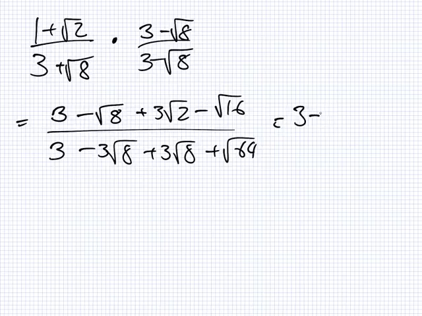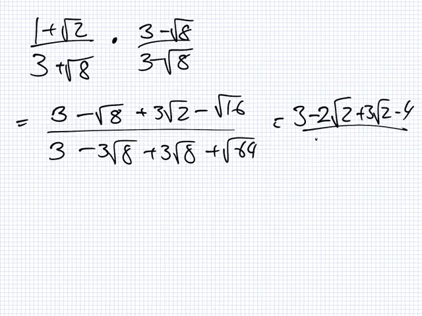What's root 8? It's 2 root 2 plus 3 root 2 minus 4 over 3 plus 8. So I'll get minus... No, it's like 9 minus 8. What did I do wrong?